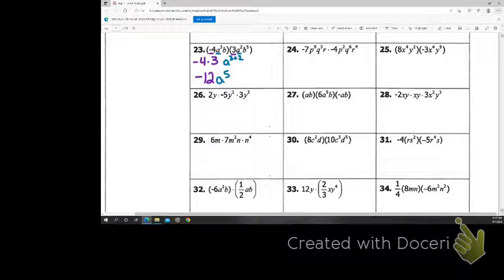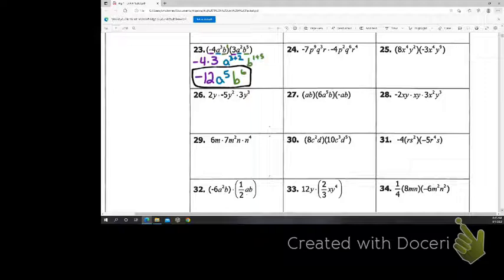Then I'm going to move on over to my b's, and remember this guy counts as b to the 1st, and this would be b to the 1 plus 5, which would be b to the 6th. If it helps you to write down what I wrote there in the middle, you certainly can, but usually that would just be happening upstairs.